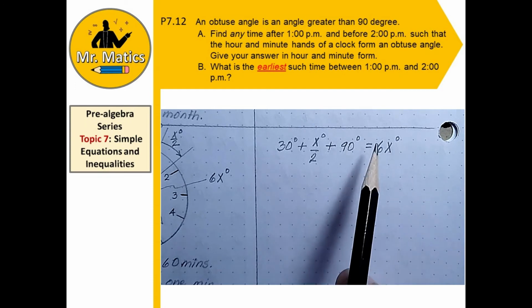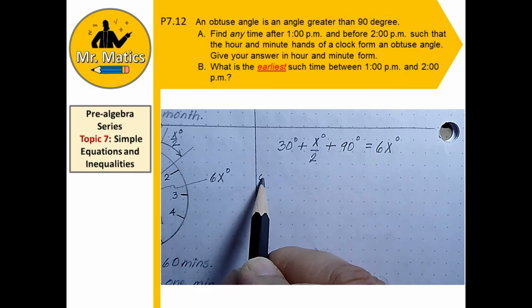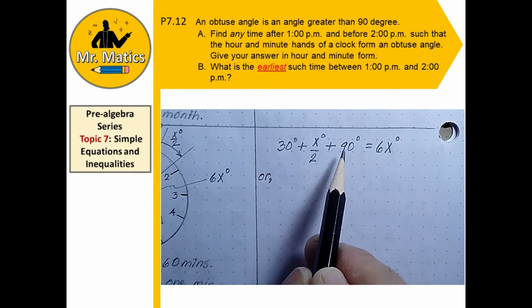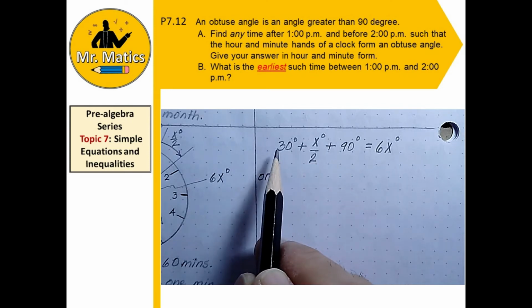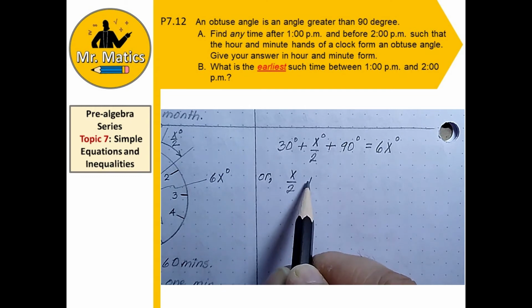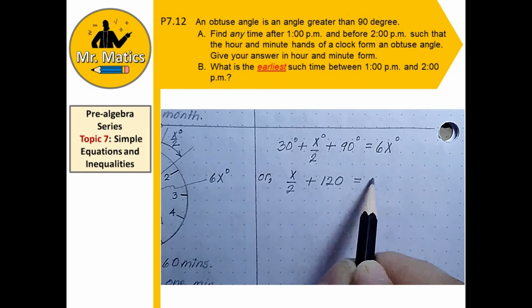Now we can remove this degree designation, just use the numbers, and in this step we can also put the known numbers together. X by 2 plus 120 equals 6x.